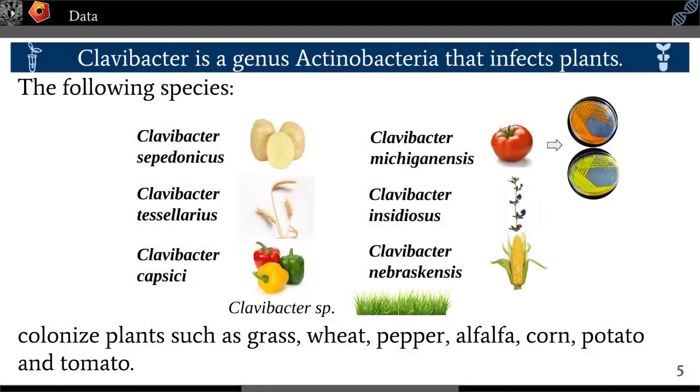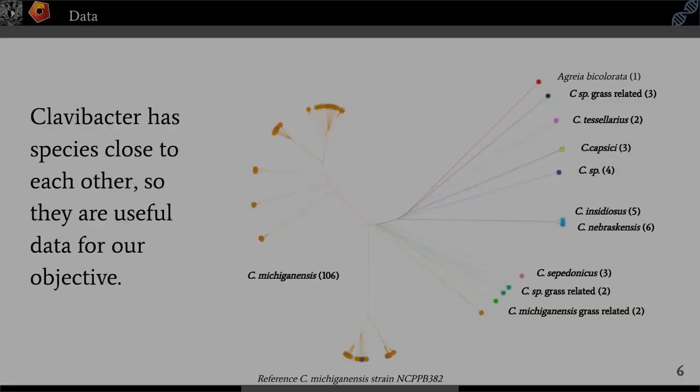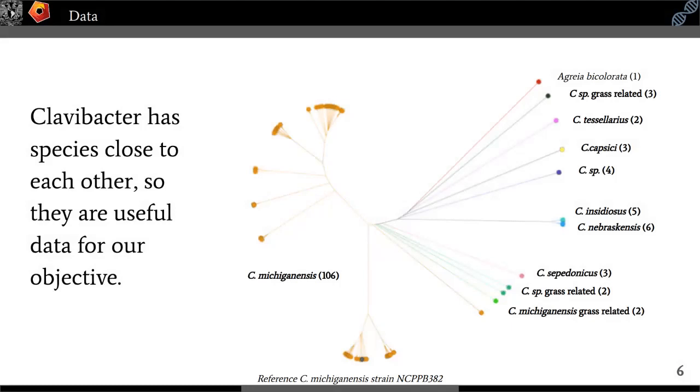Clavibacter is a genus of Actinobacteria whose different species can infect plants such as grass, wheat, pepper, alfalfa, corn, potato, and tomato. Clavibacter has species close to each other, so they are difficult data for the objective.